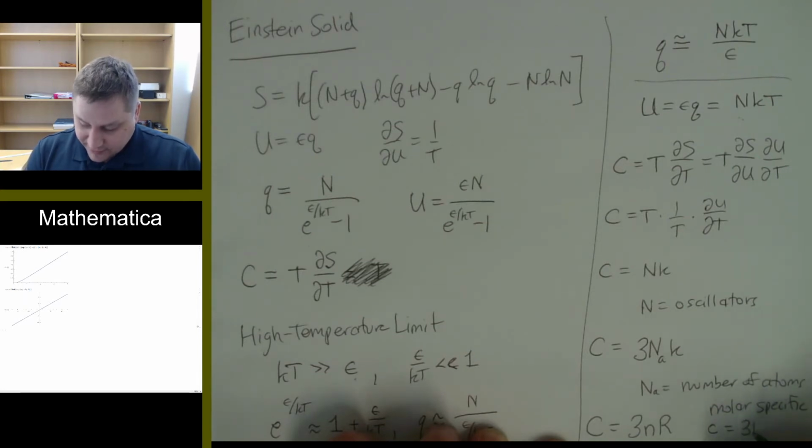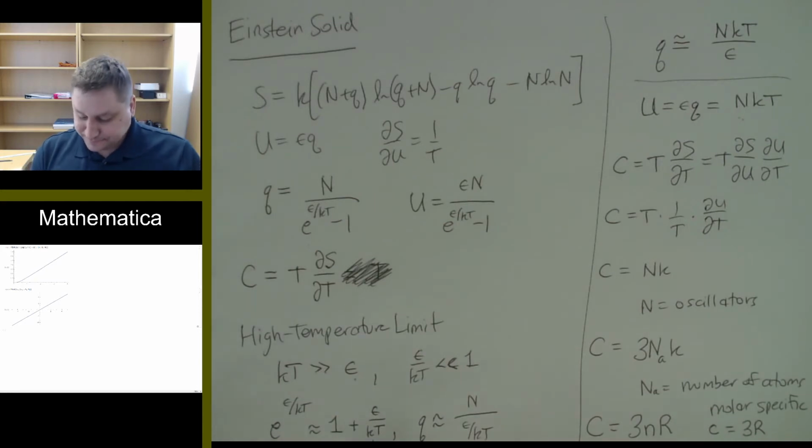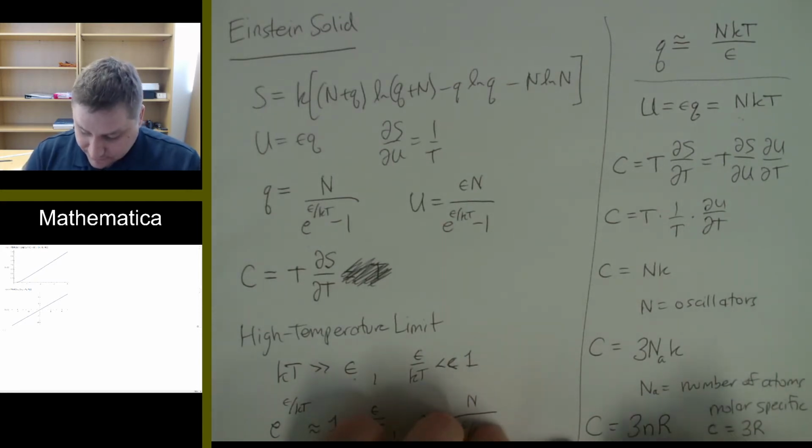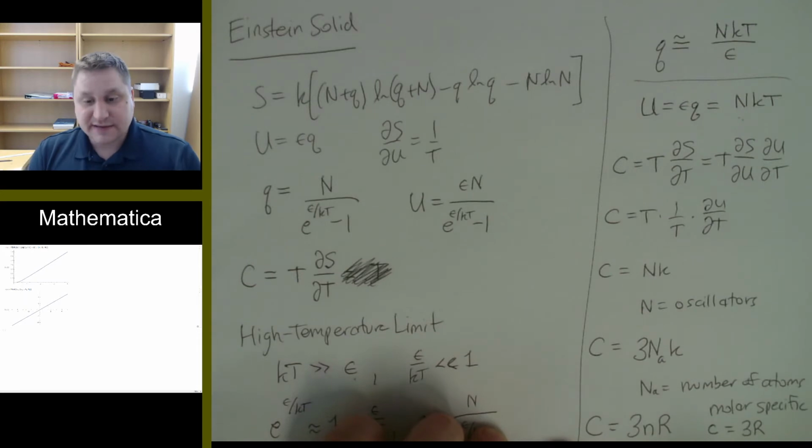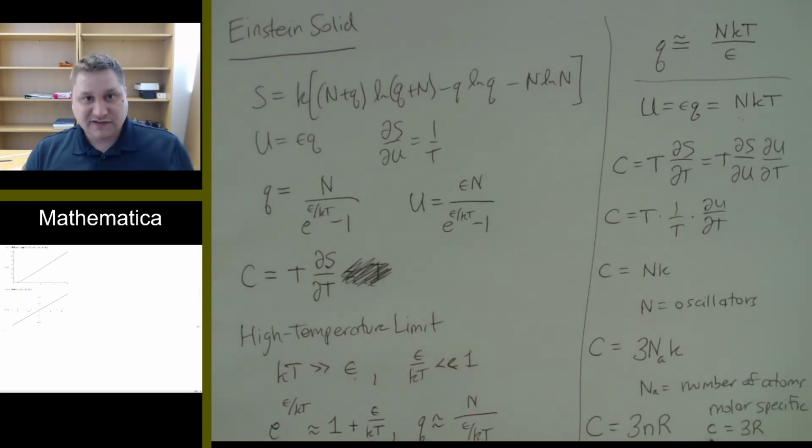And that gives us a very clean result. If we divide this heat capacity by the number of moles, we get something that's called the molar specific heat, and that is simply 3 times the ideal gas constant.